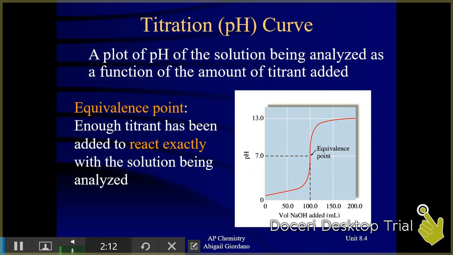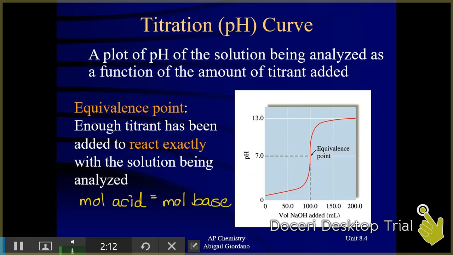We can assume that the equivalence point means the following. However many moles of acid we have is also the number of moles of the base. That's where that prefix equivalence comes from. Equal what? Equal moles.